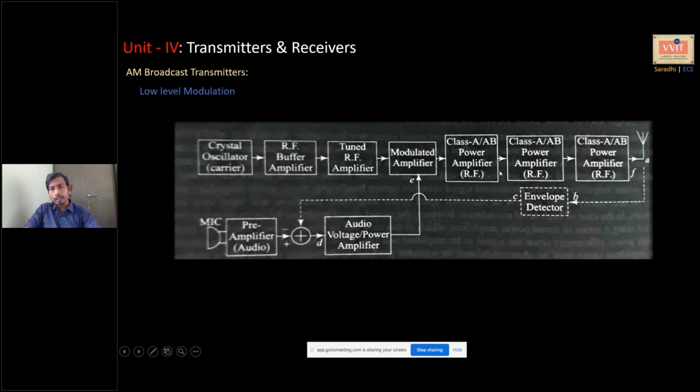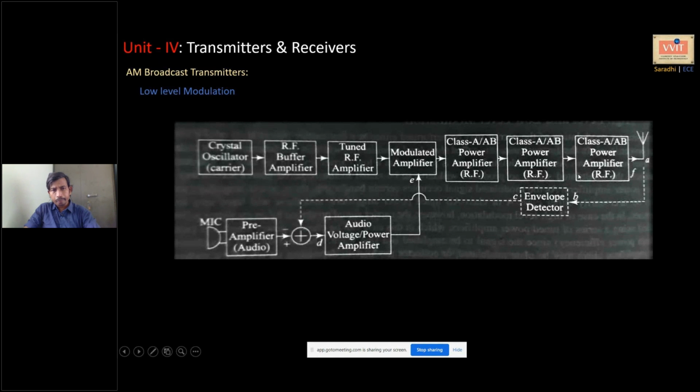Those amplifiers are called power amplifiers, and you are employing those power amplifiers after modulation. So that means your carrier signal and the message signal are both at lower power levels while you are doing modulation, and then the modulated signal's power is amplified using class A and class AB power amplifiers. Here class C cannot be used, even though it is very efficient, because its bandwidth is too low.